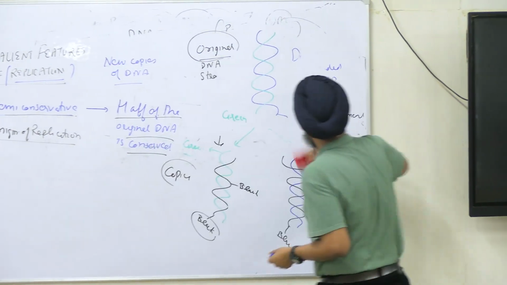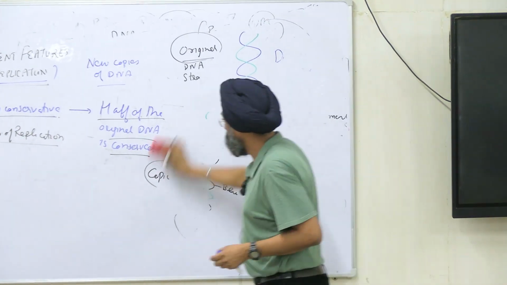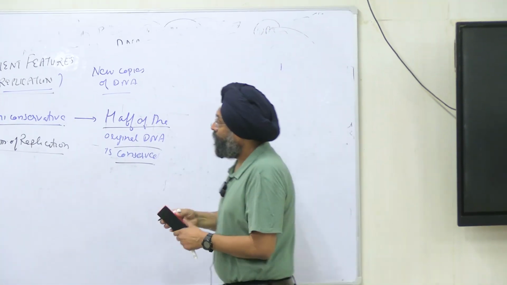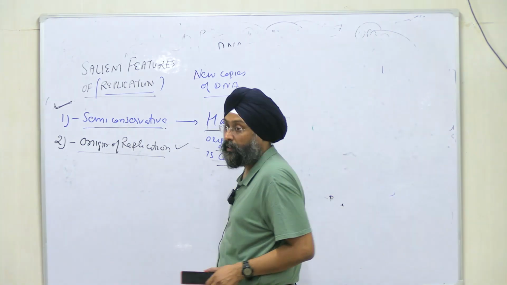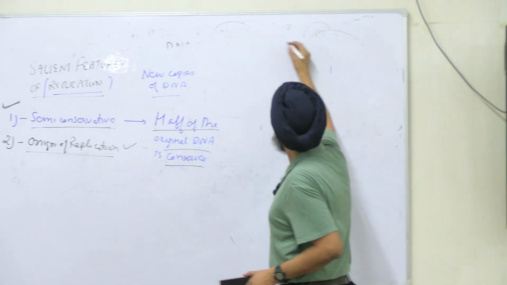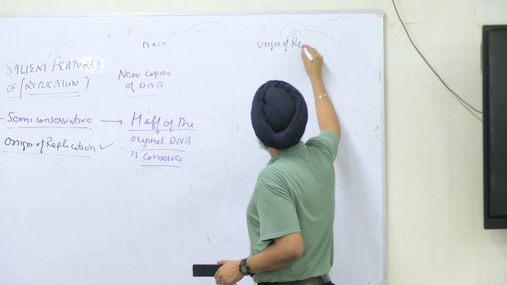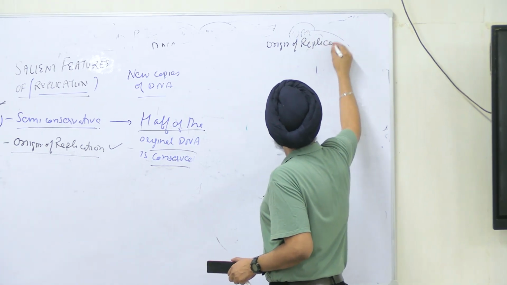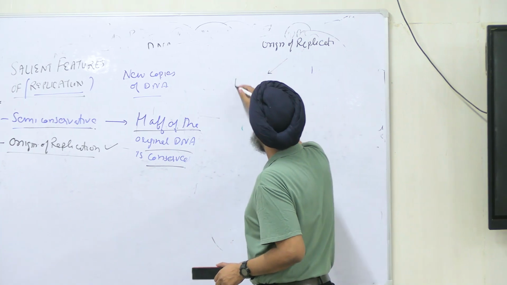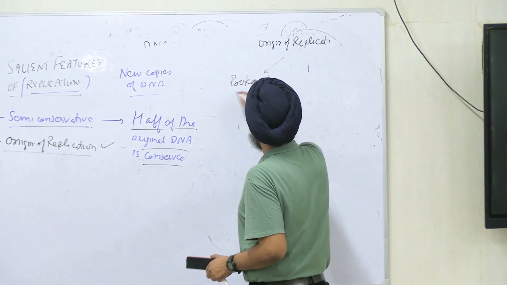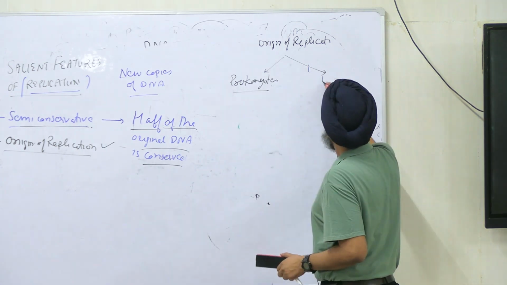So coming on to the second rule about origin of replication, right? There is a difference between origin of replication in prokaryotes and eukaryotes, right?